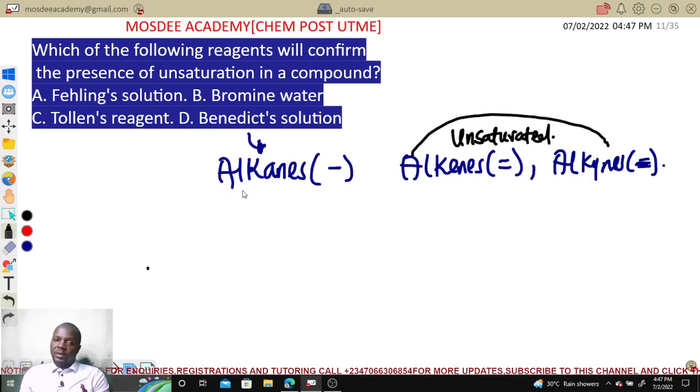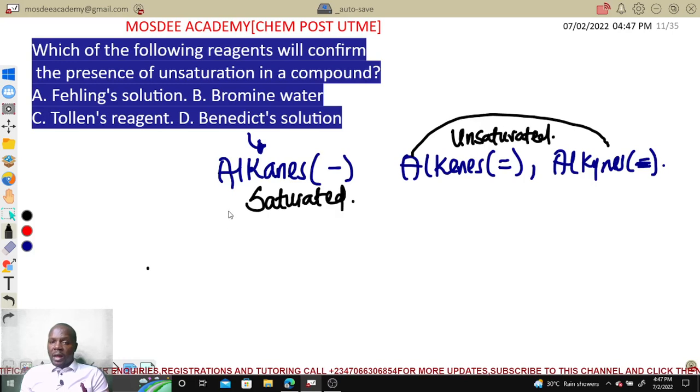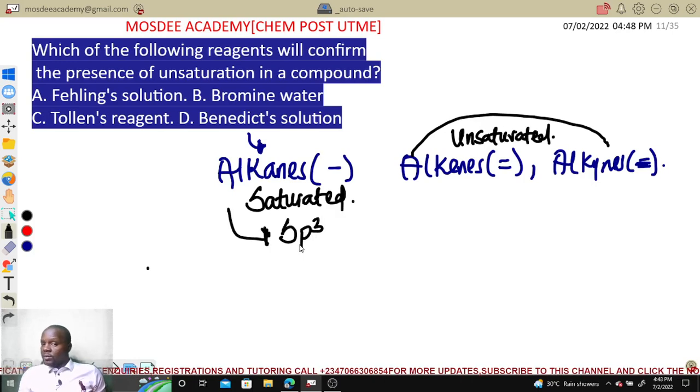We might talk about that later in alkanes generally because it is saturated. So for a saturated compound, the hybridization is sp3, and sp3 will tell you the shape of that particular substance: tetrahedral.